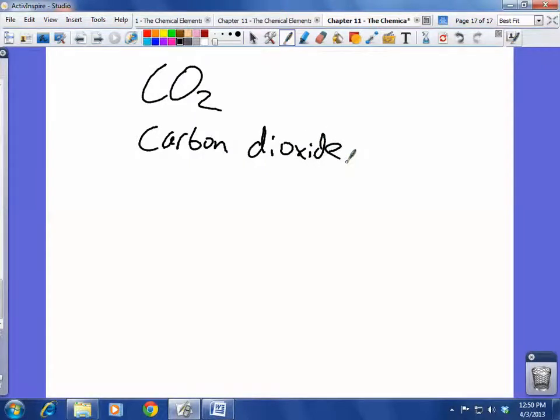But we don't say monocarbon dioxide, because if we just have one of our first atom, we leave that off. So CO2 is just carbon dioxide. What would I call CO then? Carbon monoxide.